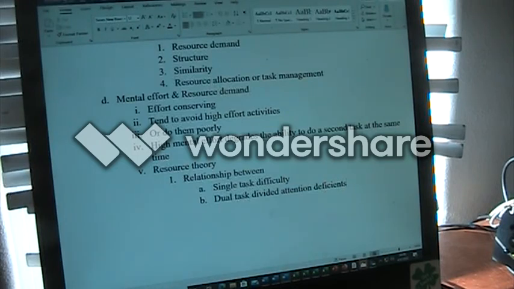Is that how you spell deficits? Doesn't matter. They use decrements in the book.